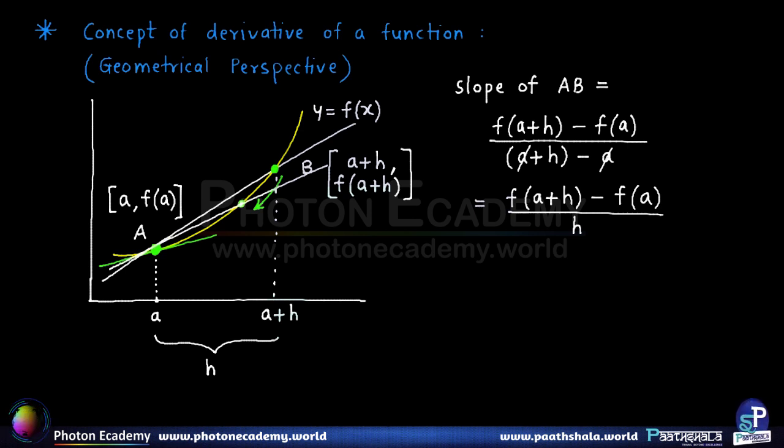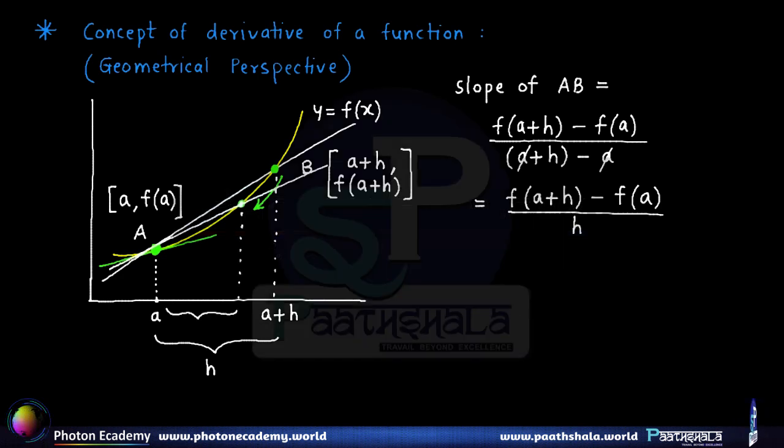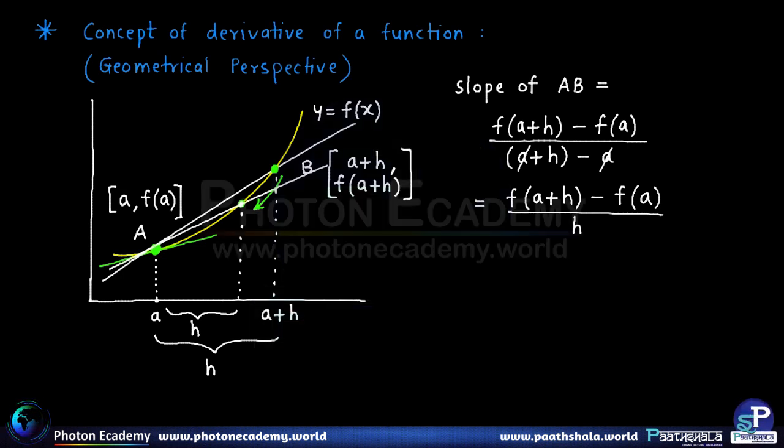The secant becomes slightly more tilted, and now it is a bit closer to the actual tangent. And in this process the h gets reduced to a further smaller value. So now you can imagine that if we go on reducing h, ultimately in the limiting condition when h tends to 0, the secant AB will eventually approach and become the tangent at point A. Alright.